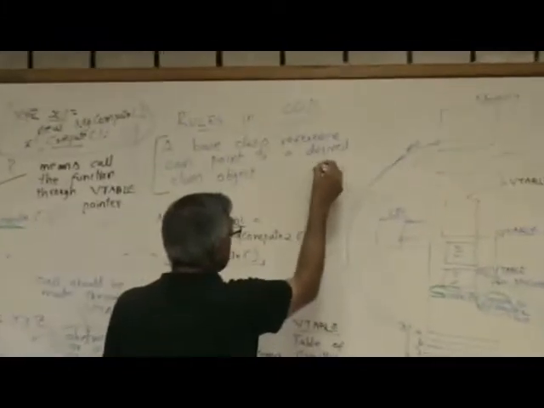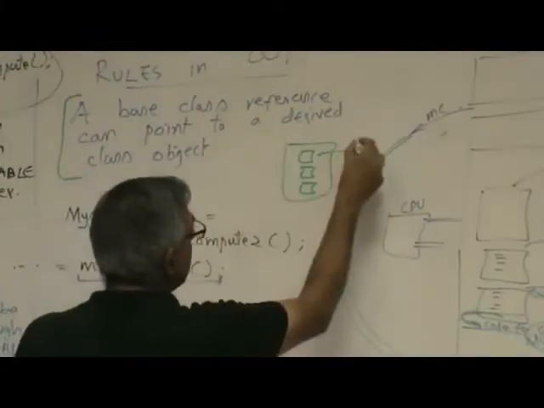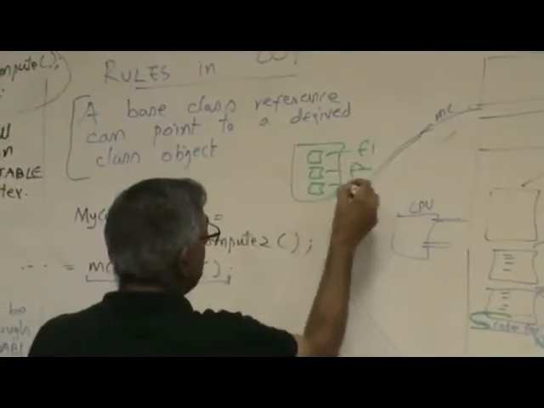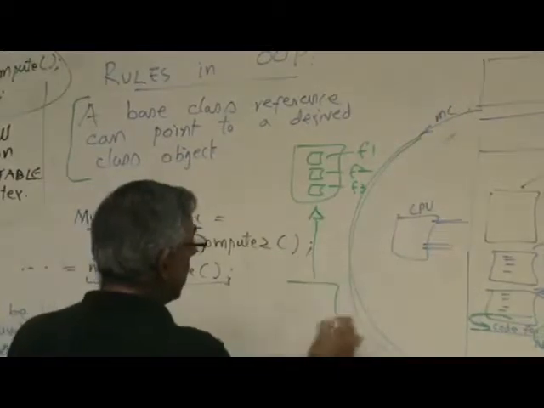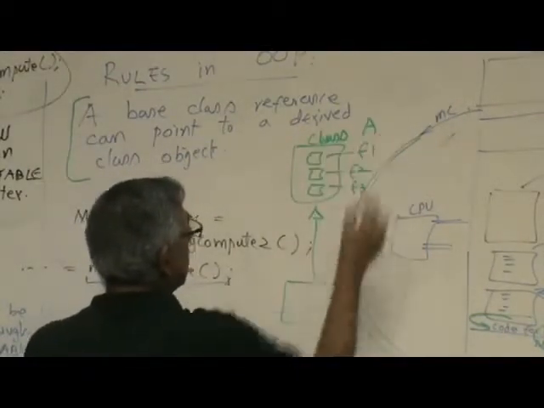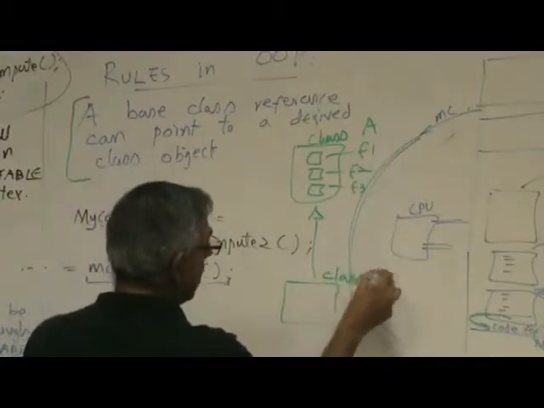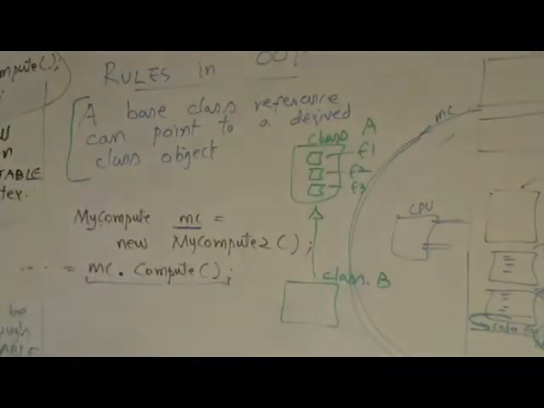So for example, let's say you created some base class. You wrote, let's say, 3 functions, right? Suppose I call them F1, F2, F3. And now from here we inherited, so let's say this is class A. Suppose this is class B. So we inherited or extended this class, right?